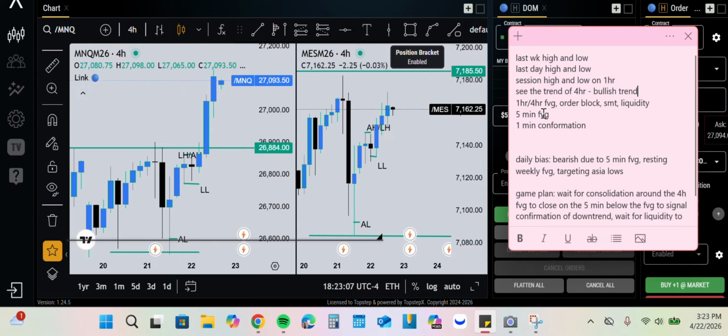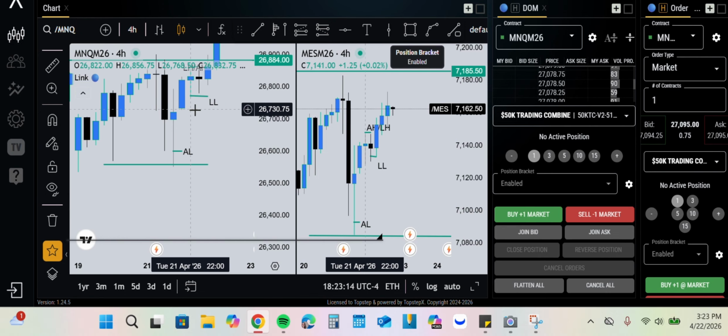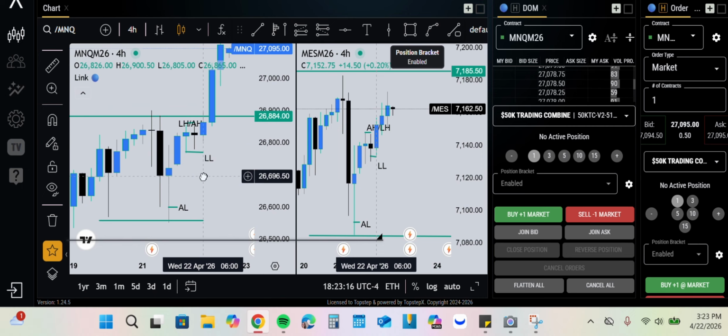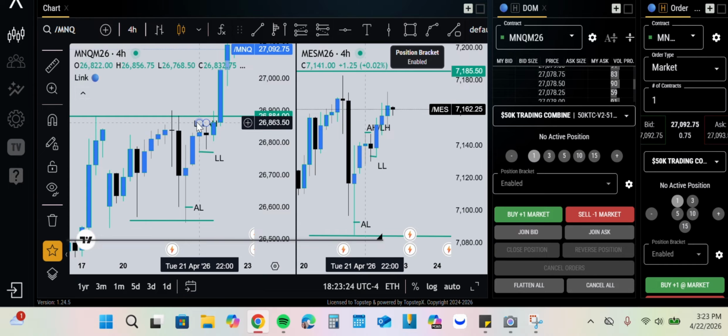Right now we're in the 4 hour, so let's stay and see if there's any fair value gaps. So the session opened like 6:30 a.m. Pacific time, right? And I didn't notice any fair value gaps here on MNQ.